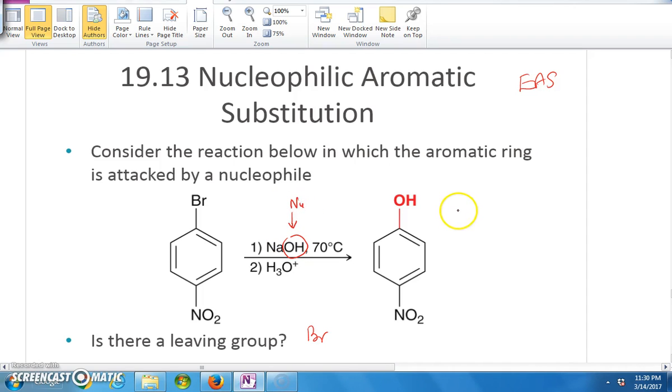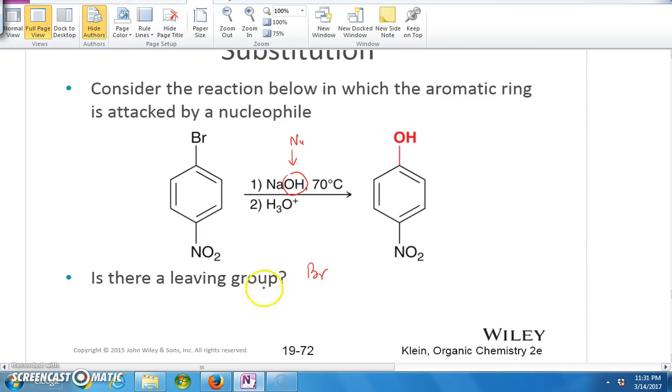And the requirement is that you need to have bromine as a leaving group, and also you have to have a strong electron withdrawing group in the para position.